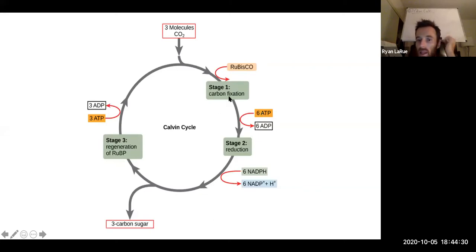So again, just being very broad, everything I say about the Calvin cycle is what I want you to know. I don't want you to know anything extra. So what do I want you to know? I want you to know that ATP input is required, as well as this NADPH.